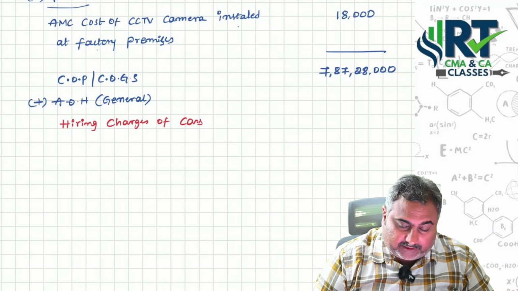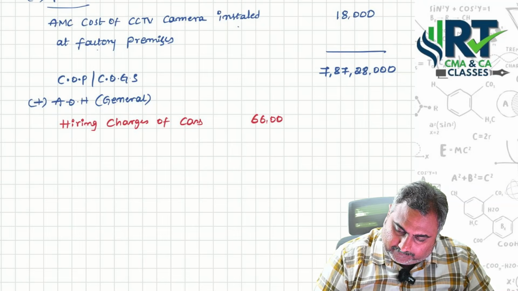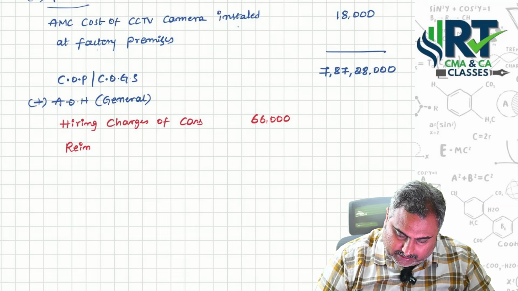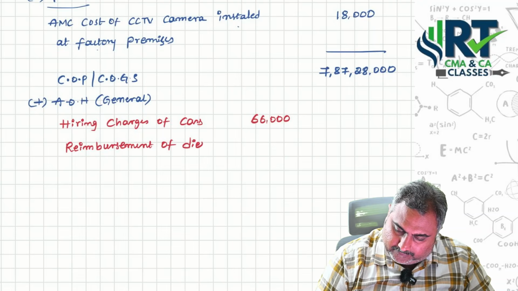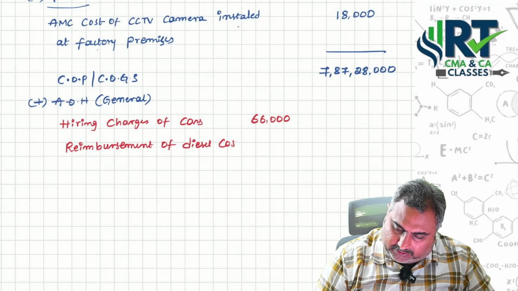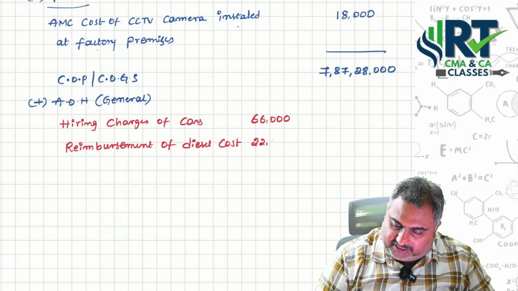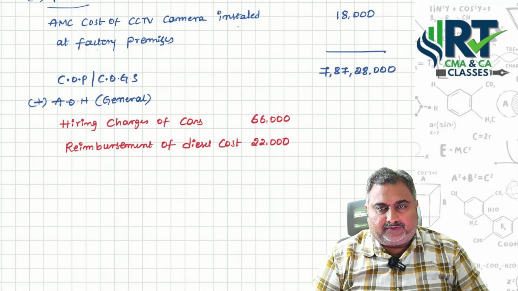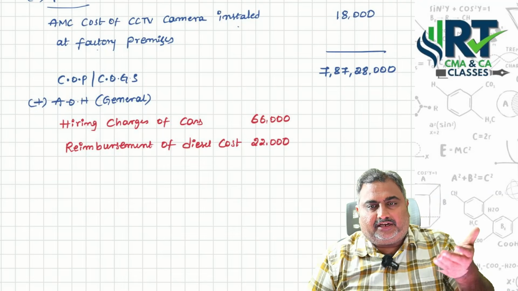How much is given? 66,000. For that, reimbursement of diesel cost. They incur diesel cost, some of the employees, and for them we are doing reimbursement.